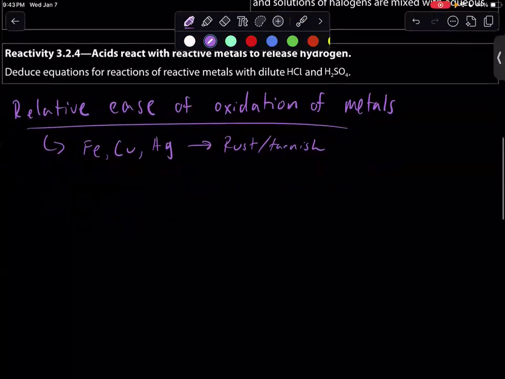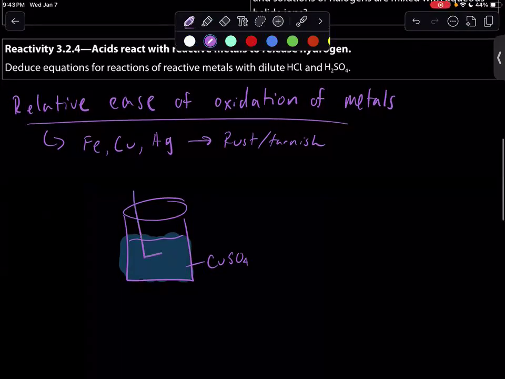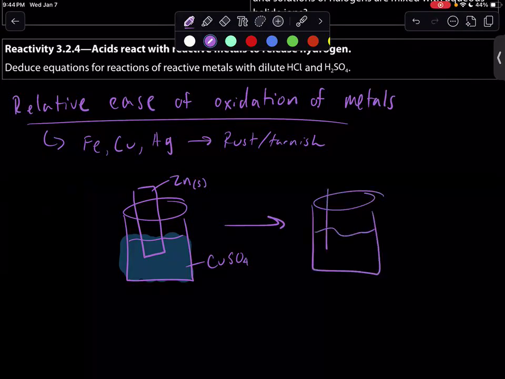Now, when we take a look at two metals compared to each other, we can see an oxidation or reduction reaction happening in certain scenarios. So, for example, if I have a solution of copper sulfate, and copper sulfate is blue because the copper 2 ion is blue, and I drop in some zinc solid, over time this solution will look a little different.